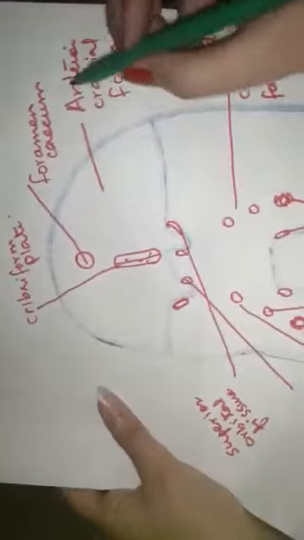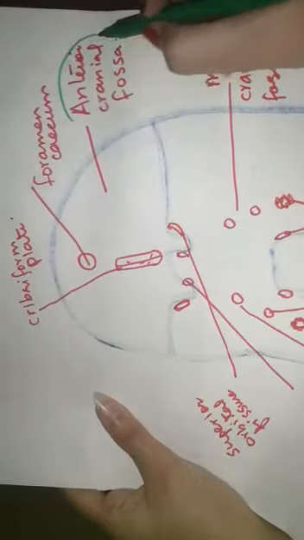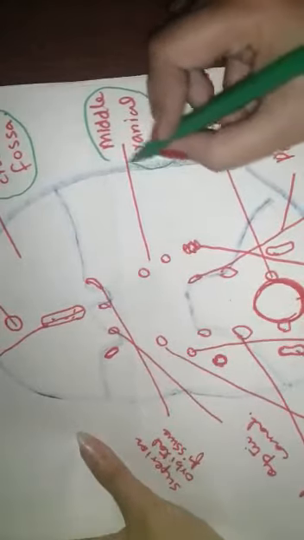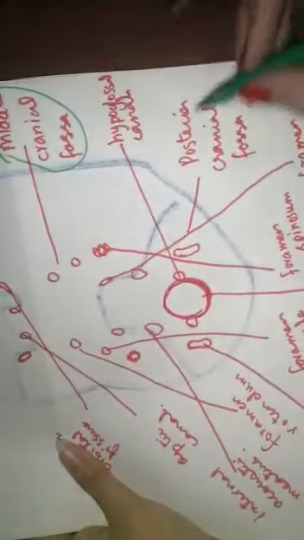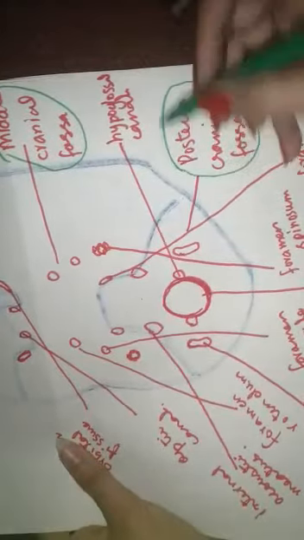Here is the overall diagram. Now we will study separately the structures passing through these foramens. We have anterior cranial fossa, we have middle one, and then we have the posterior cranial fossa.